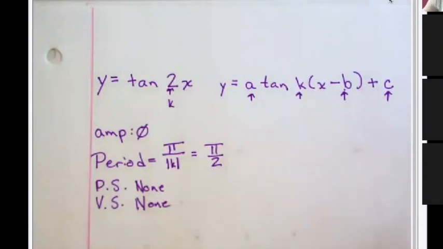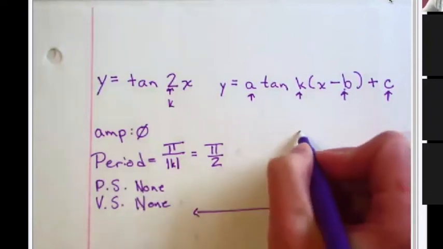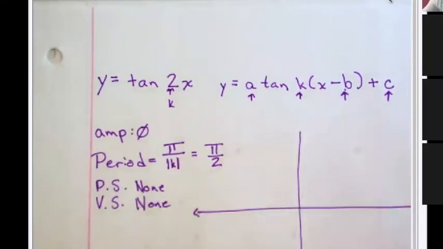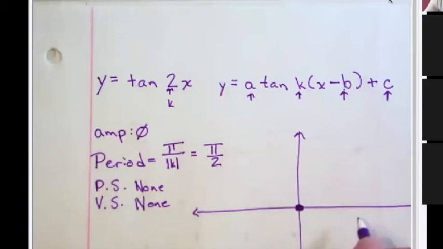So let's sketch this out. Now I don't have a phase or a vertical shift, so I know since I'm dealing with the tangent graph that it's going to go through the origin. I also know that I have a width of 1/2 pi.